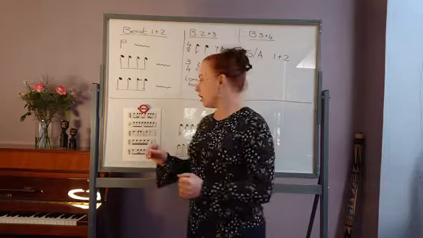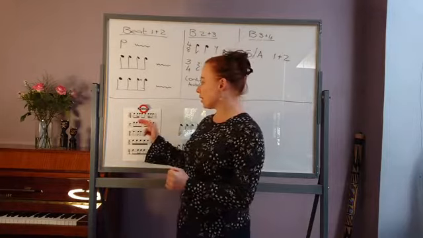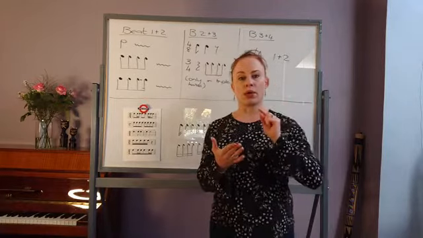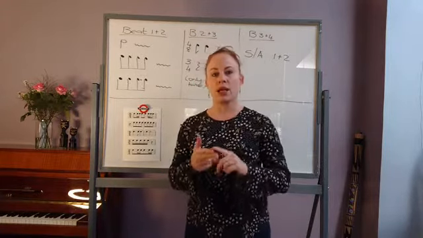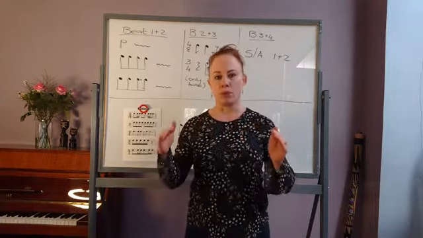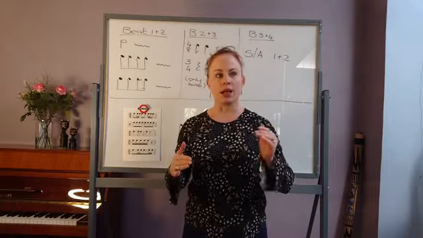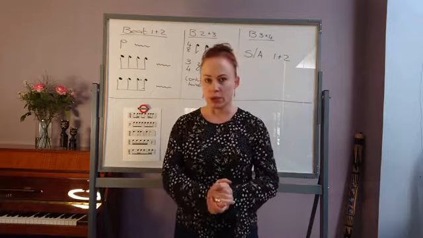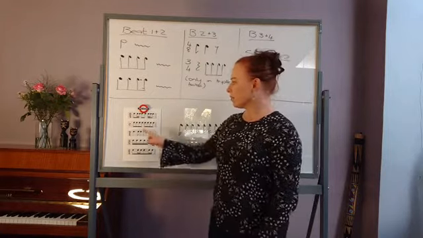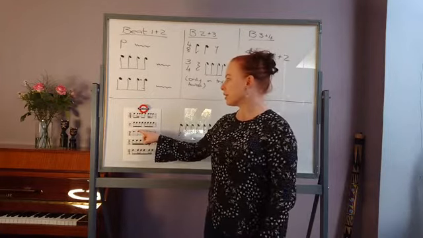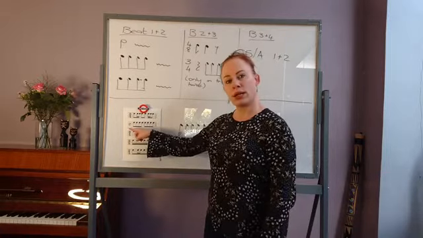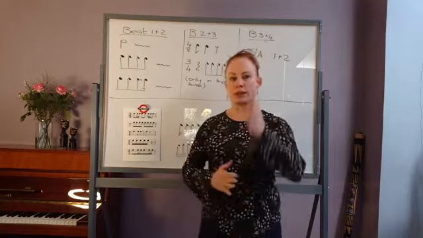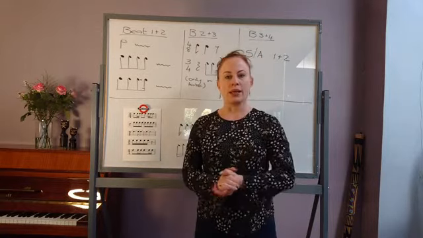Okay, and then when we look at any time signature, our duple and our quadruple time signatures, the middle of the bar must be visible as a general guideline, as a general rule. So if you look at this, you can see that I've got beat 1 and 2 that consist of quavers, and also beat 3 and 4, and the middle of the bar is visible.